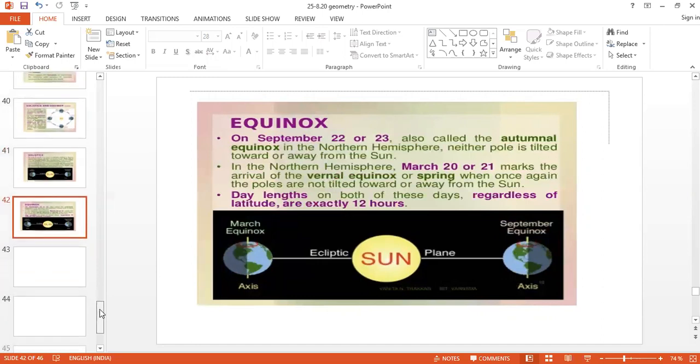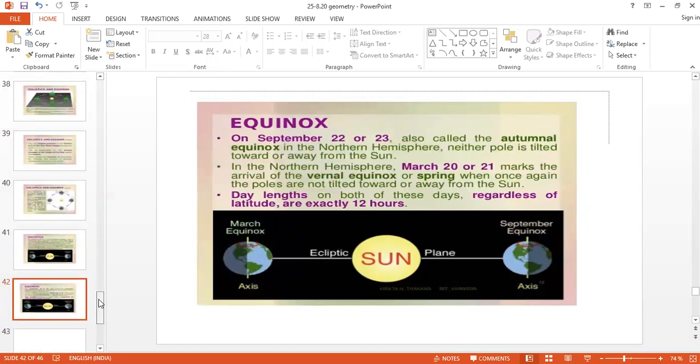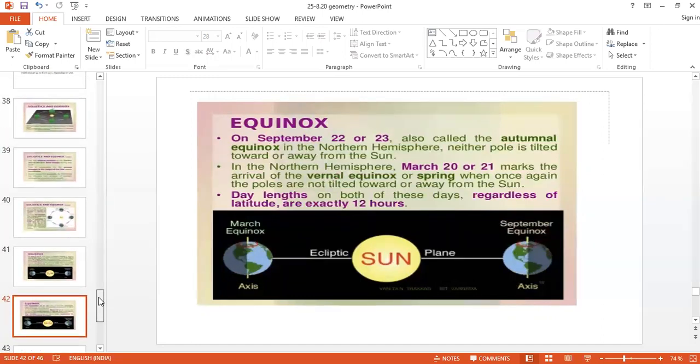And the equinox. September 22 or 23 is called the autumnal equinox in the northern hemisphere. Neither pole is tilted toward or away from the sun.